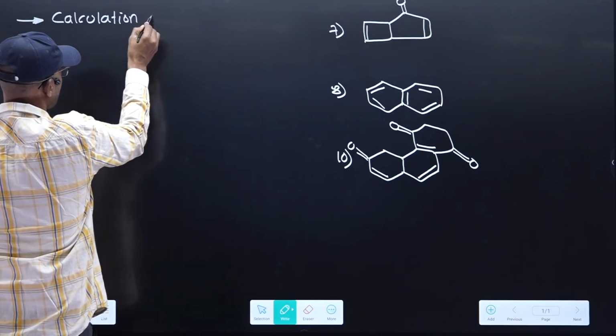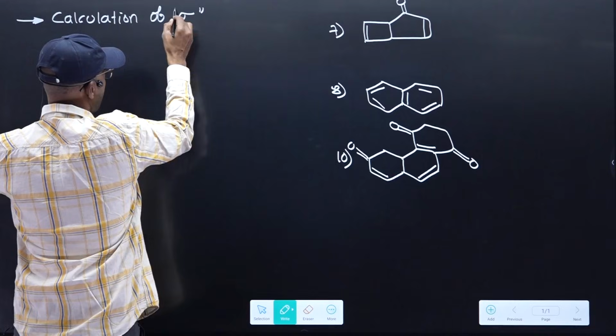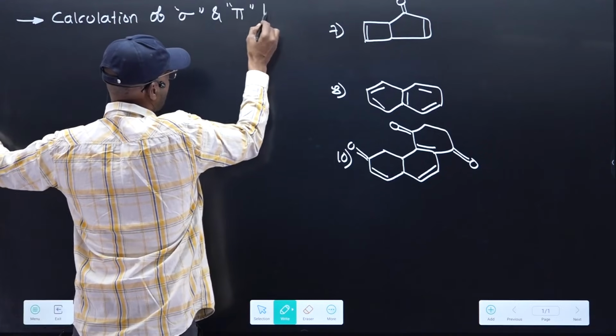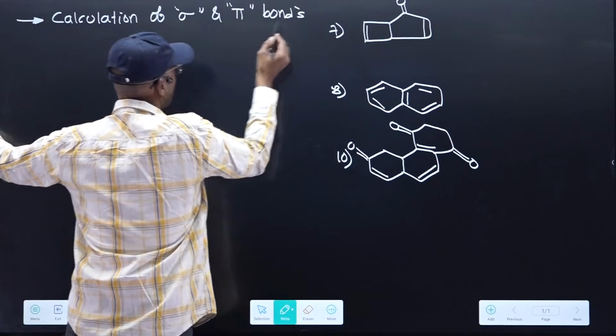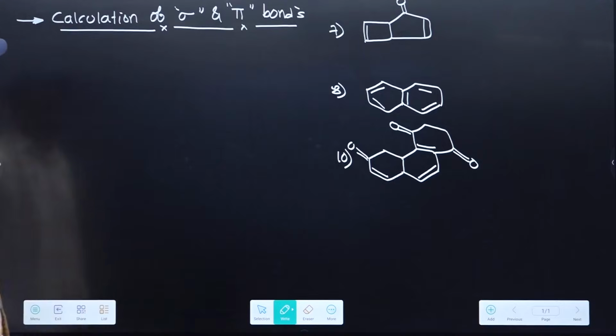Calculation of sigma and pi bonds. How to calculate sigma bonds and pi bonds in a given molecule.